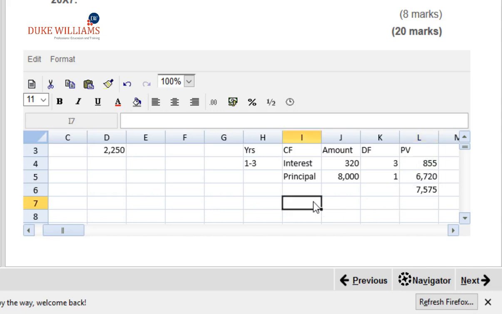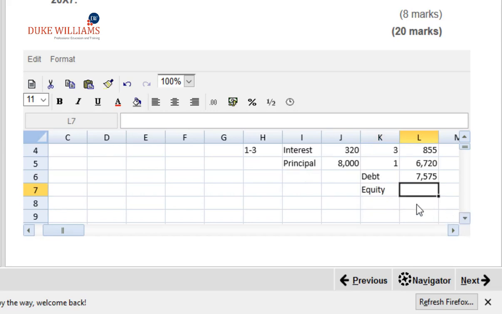Now the loan note, so the debt, will be this, and my equity would be the difference. So we know that the total should give us 8,000. So basically, equity will be the difference, this minus the debt.